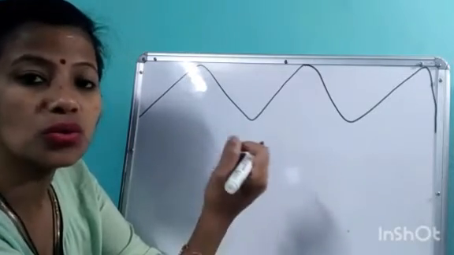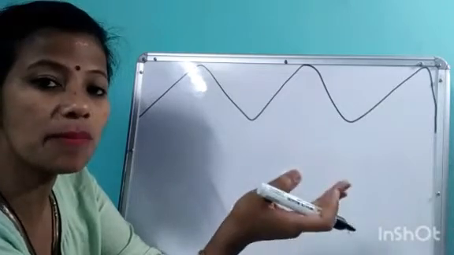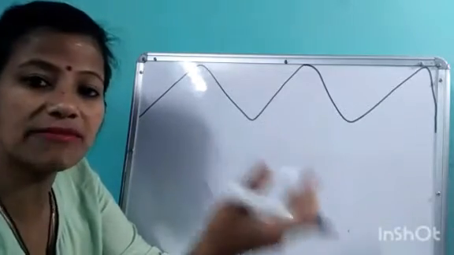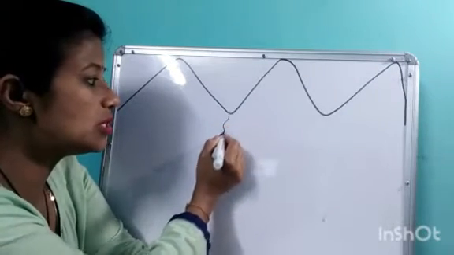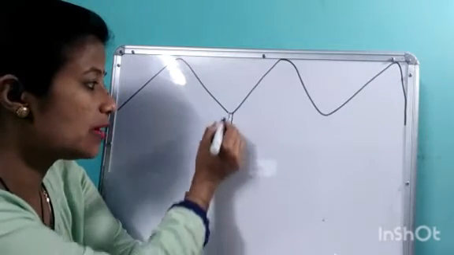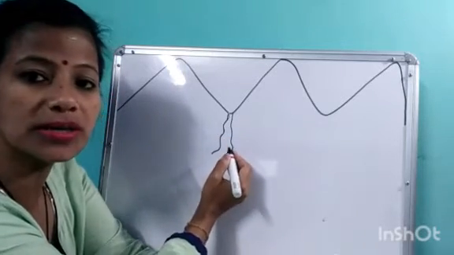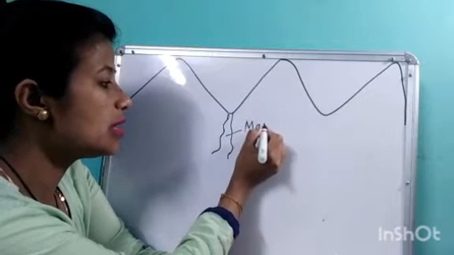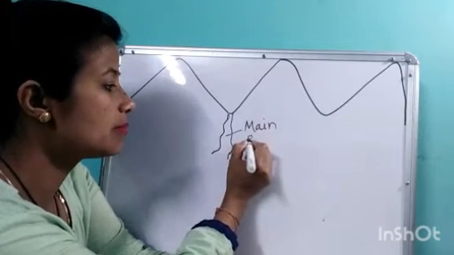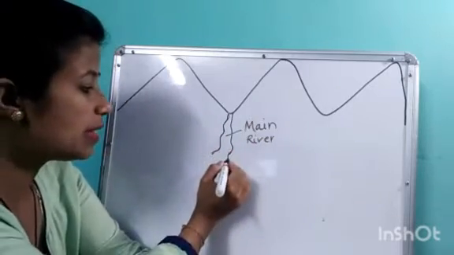Rain-fed rivers are those rivers which get water from rain. This river is originating from here. This will be your main river.